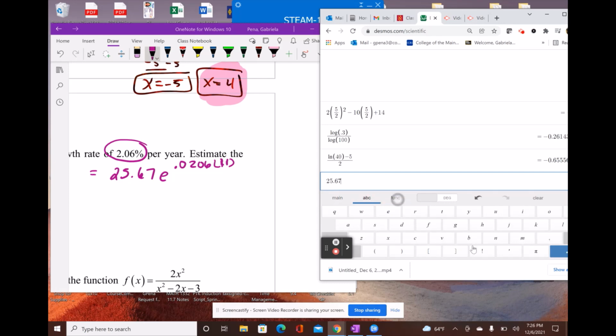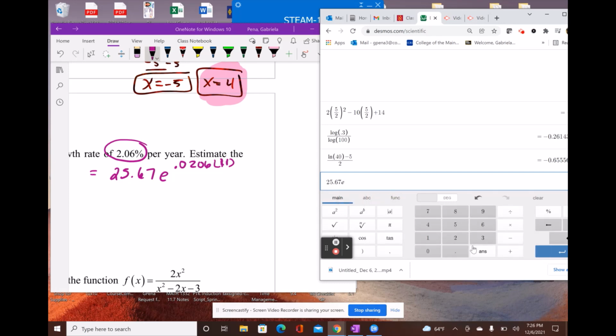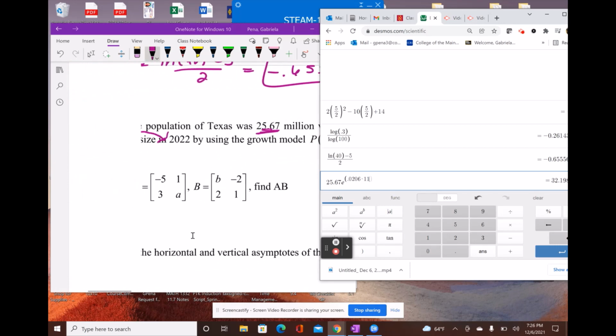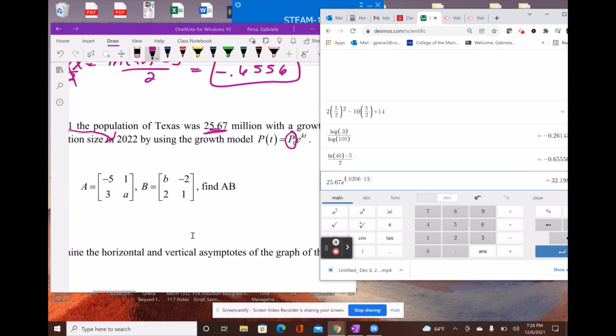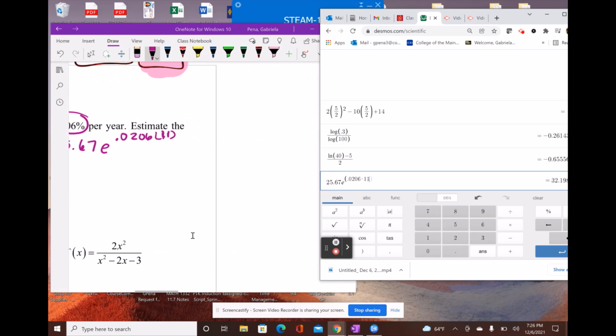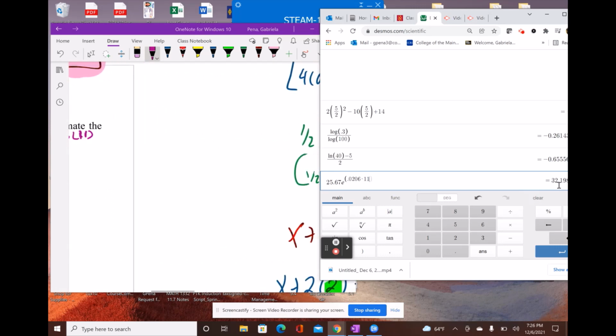Don't forget the E is going to be there, to the exponent of 0.0206 times 11. 32 point, what does it say? I think it's just 2 since the answer is 2 decimals. So 32.20.